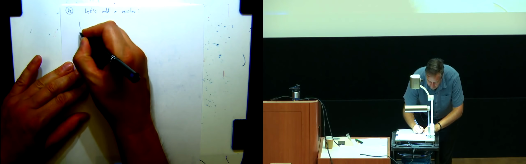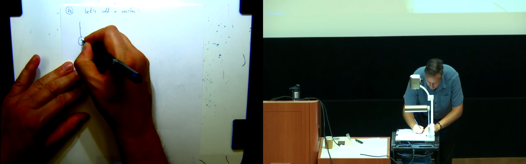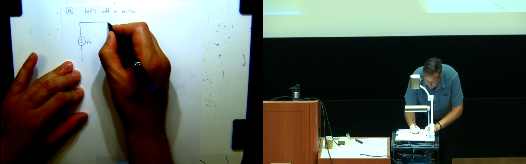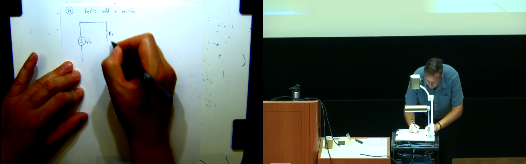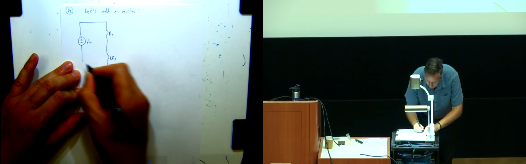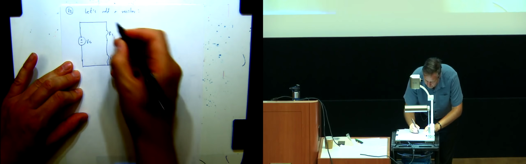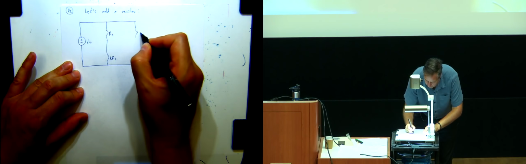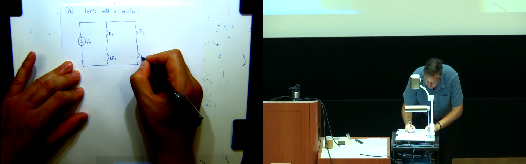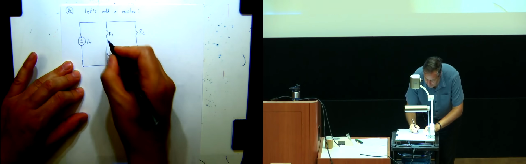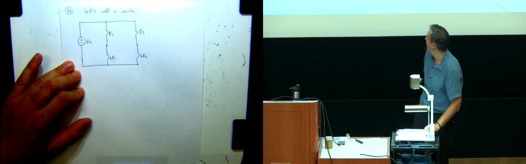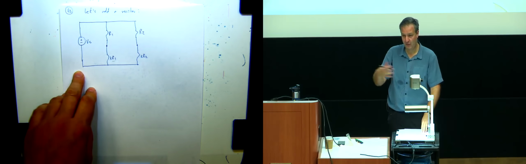Okay, so let's see what you think about this circuit. I'm keeping these resistors having values K, R1, and K, R2, just because we just did that.